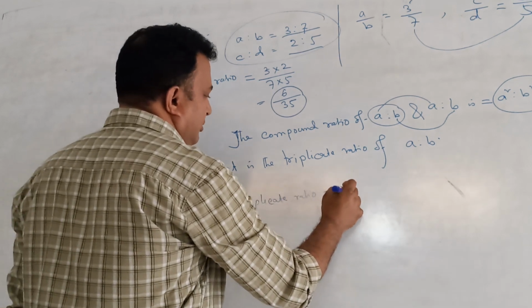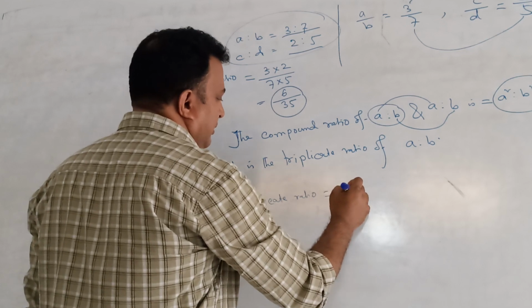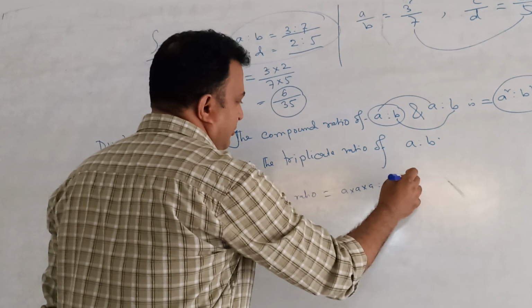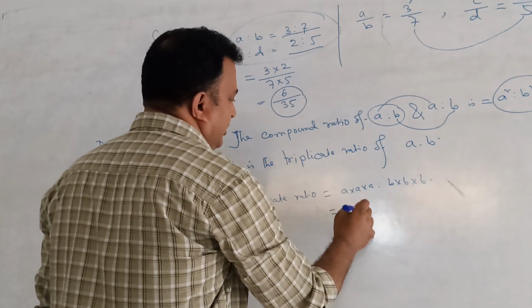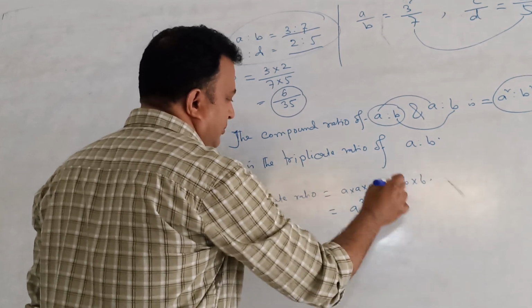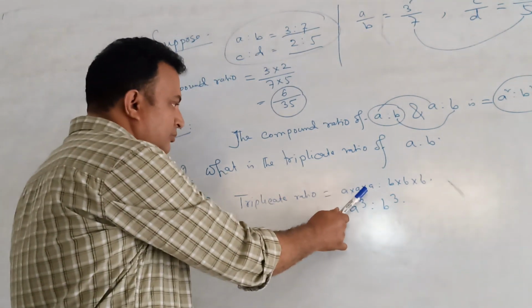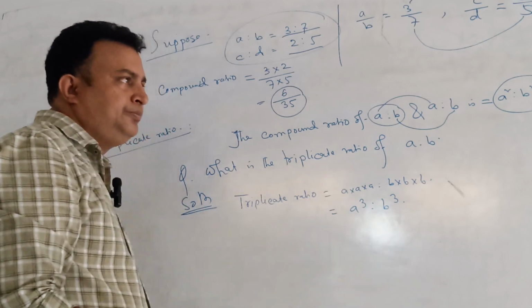Triplicate ratio is equal to A into A into A, B into B into B. That is A cube is to B cube. It is the triplicate ratio of A is to B.